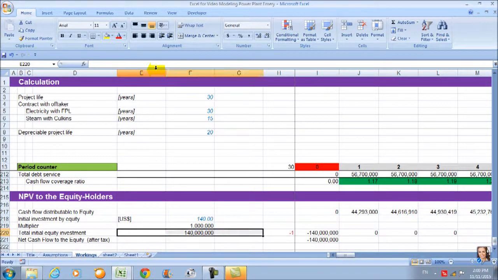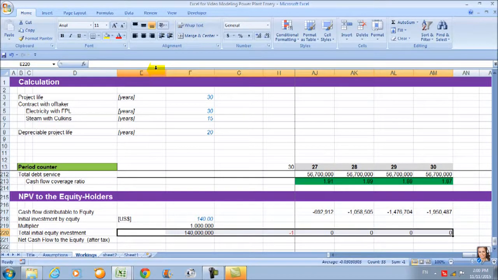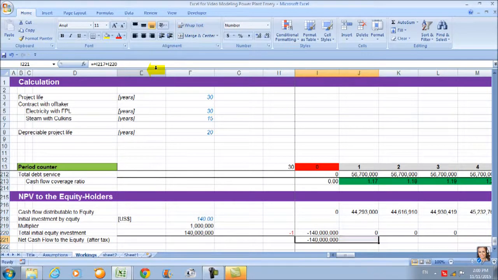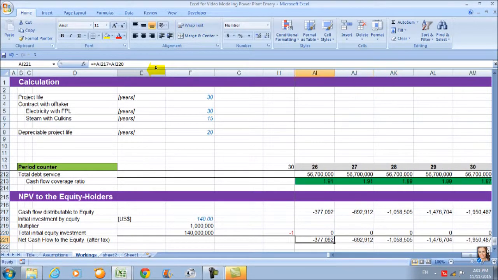Okay, and then you just copy it, and once you have that, I just have to save it.